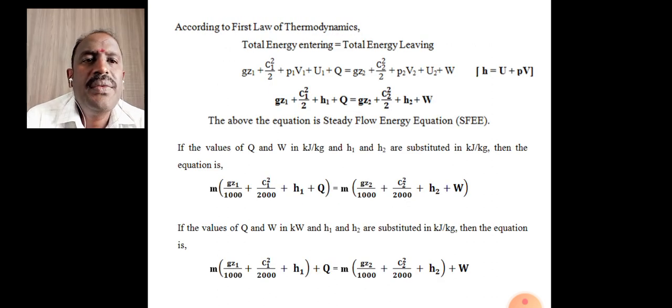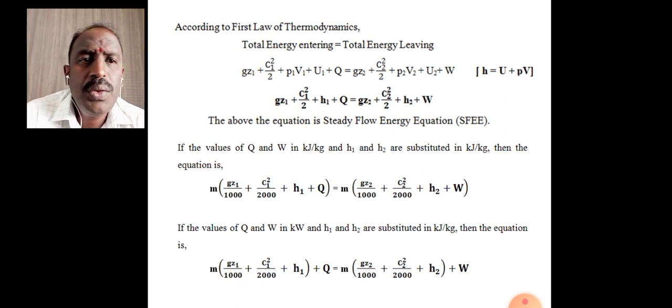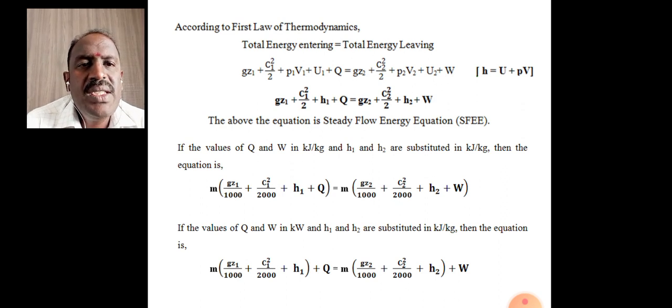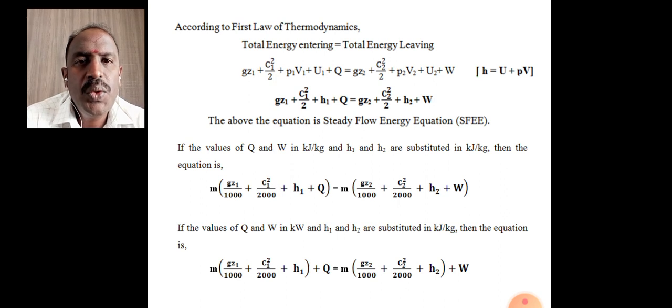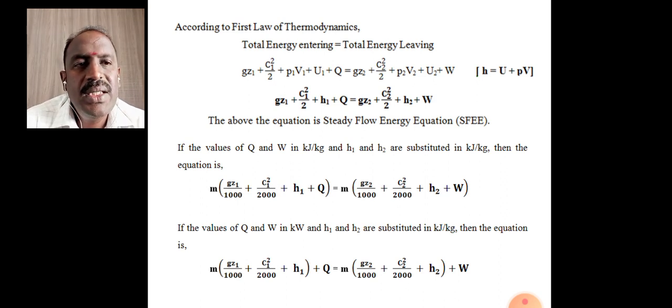According to the first law of thermodynamics, the total energy entering is equal to the total energy leaving. So g Z1 plus C1 square by 2 plus P1 V1 plus U1 plus Q equals g Z2 plus C2 square by 2 plus P2 V2 plus U2 plus W.